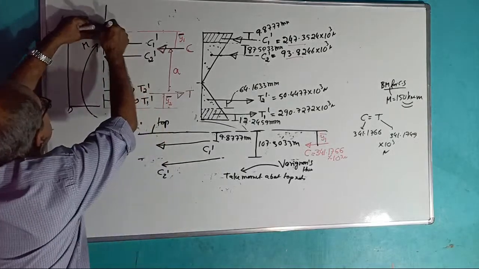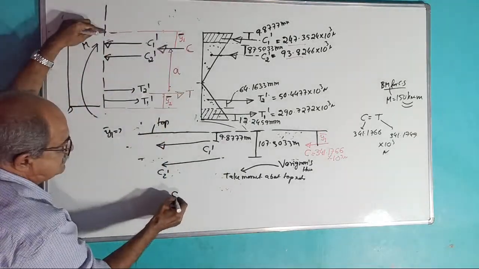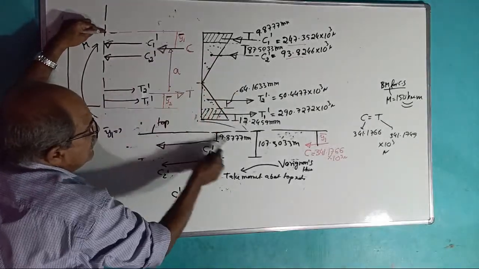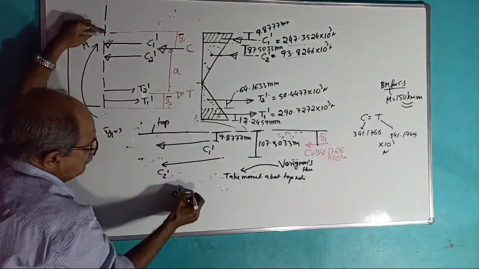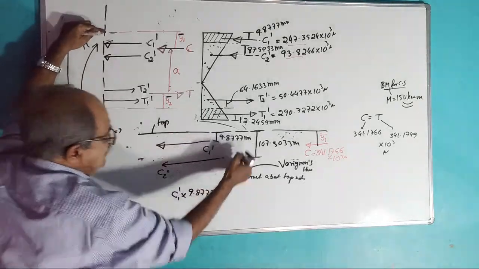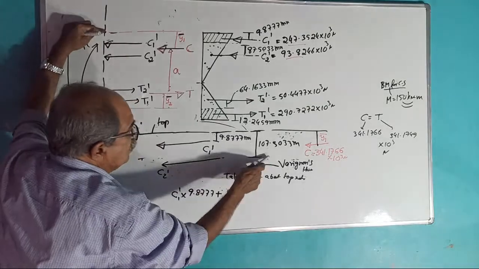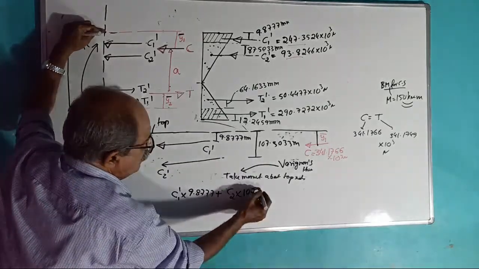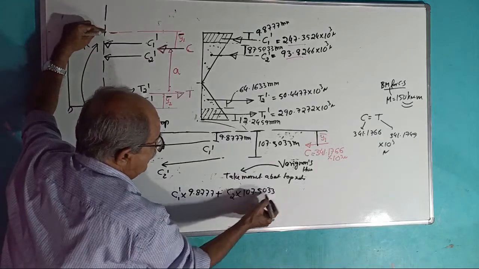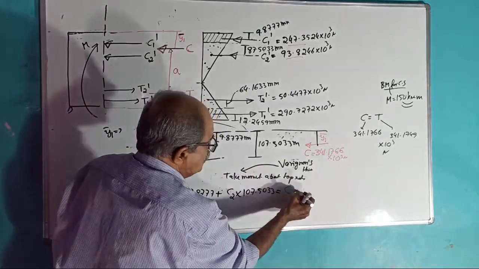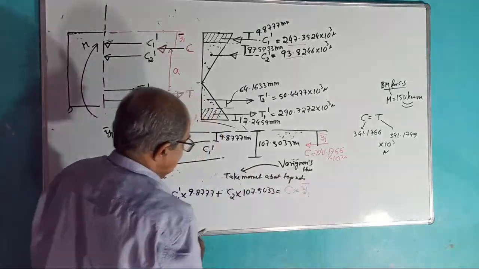Moment about this point will give you C1 dash into 9.8777 plus C2 dash into 107.5033 equal to resultant C into Y1 bar.